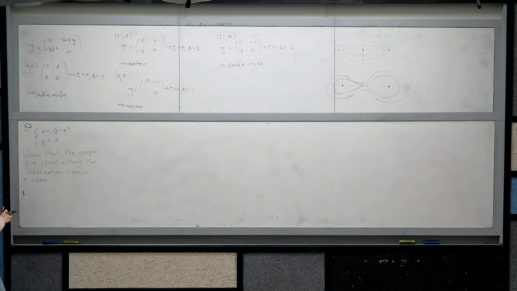Show that the origin is a spiral, although the linearization predicts a center.